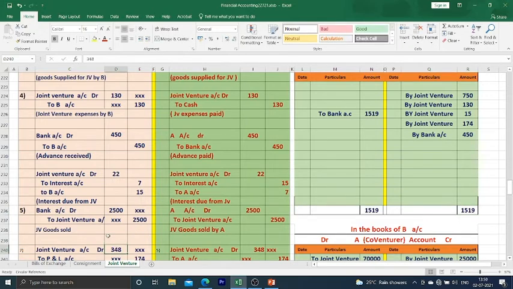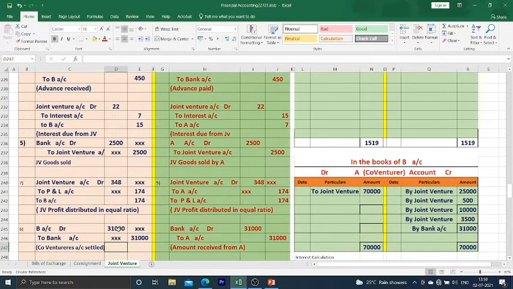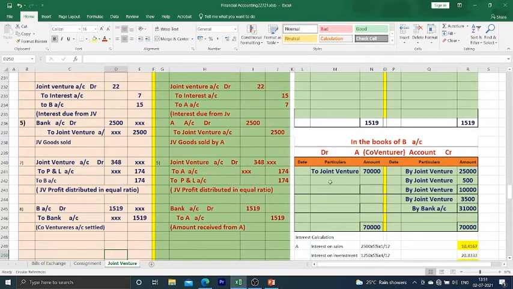So here we will update with the bank account. Bank account debit to B account, B account to bank 1519, 1519. Here also, A account debit to joint venture 2500. A 1000. Okay. Trust amount is 7 rupees.